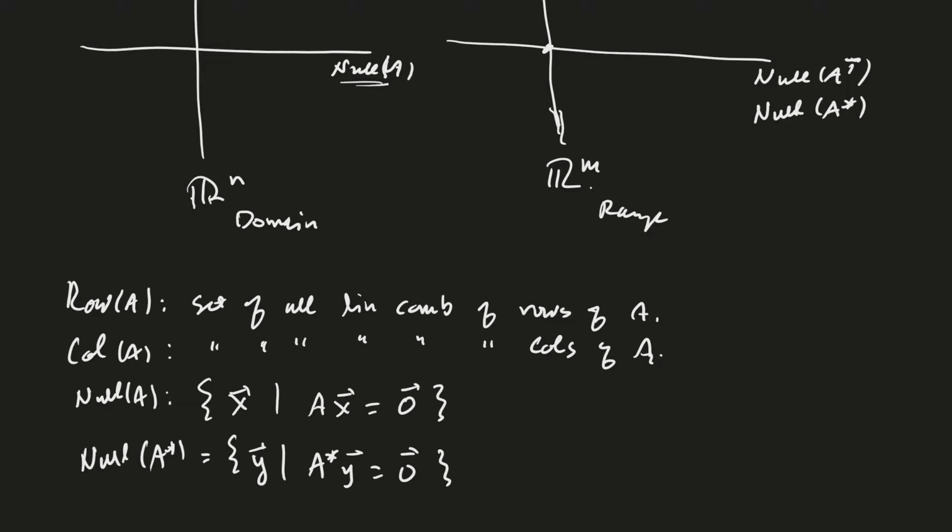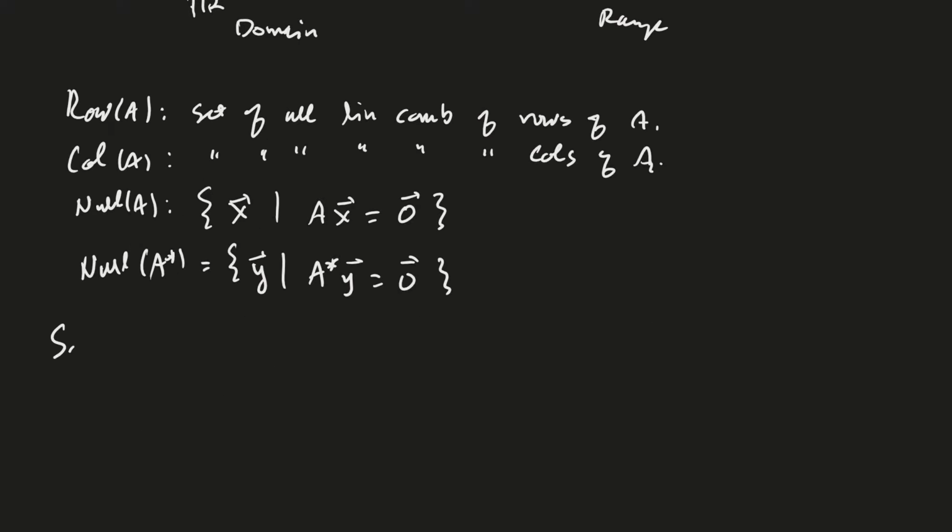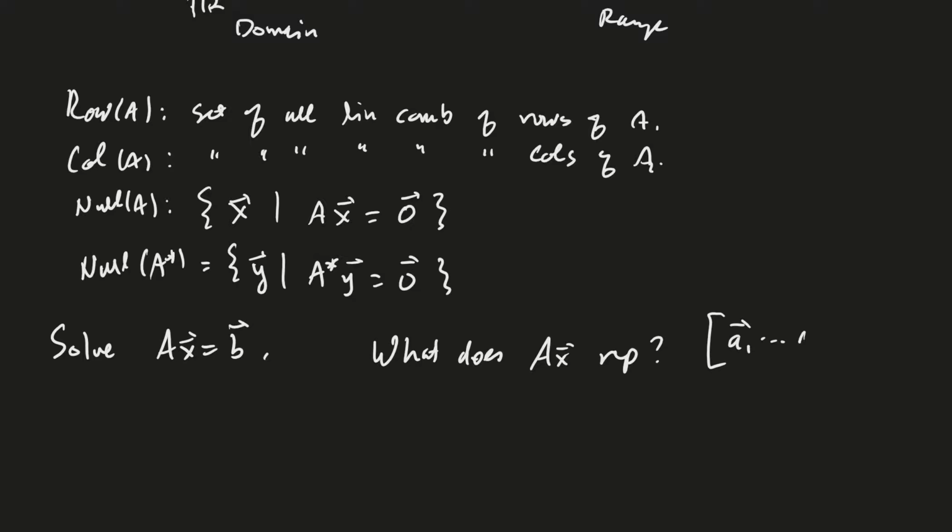Now suppose I'm trying to solve AX equal B. Before we actually go to solve this, I think it's good to remember, what does A times X represent? It's m by n.